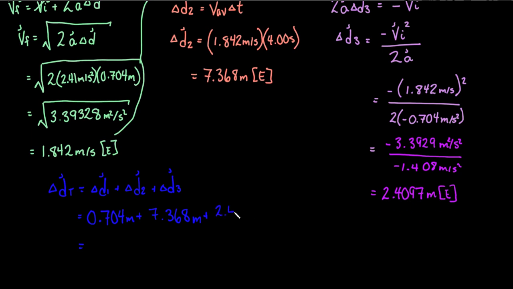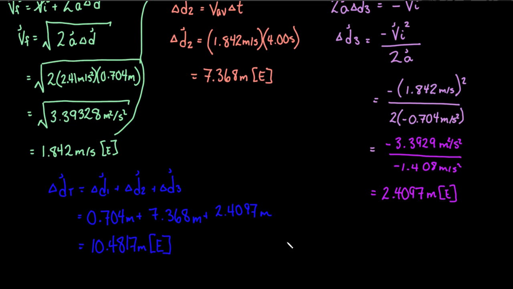And now we can add that proper displacement in. And we get a total displacement of 10.4817 meters east.